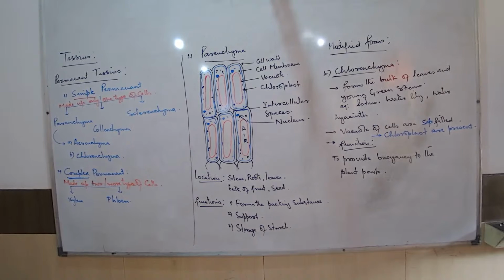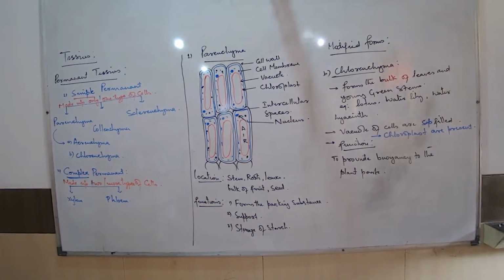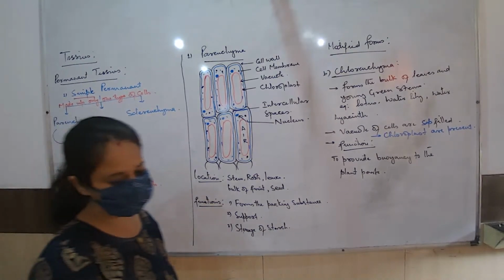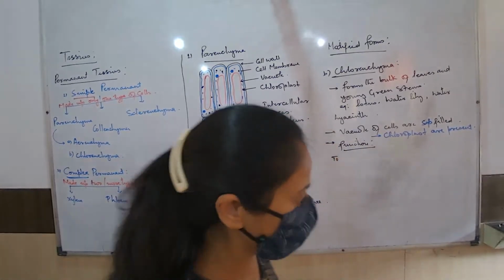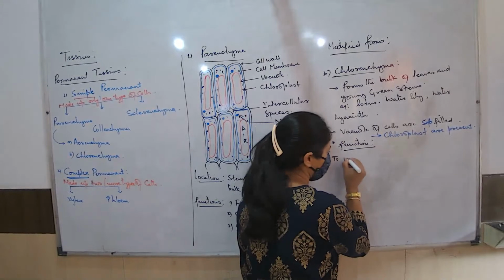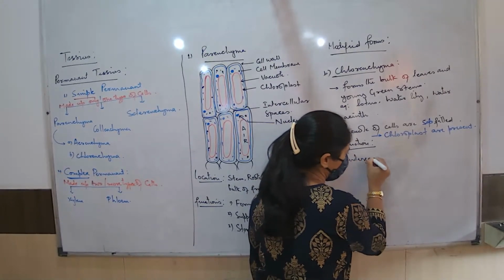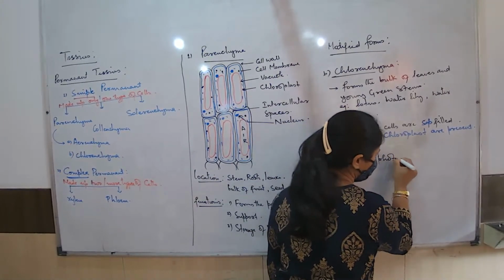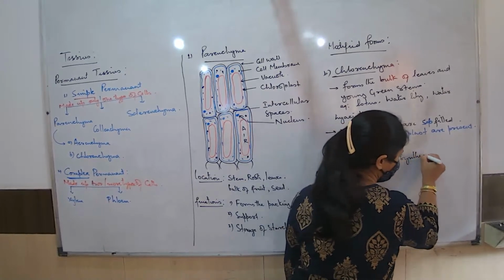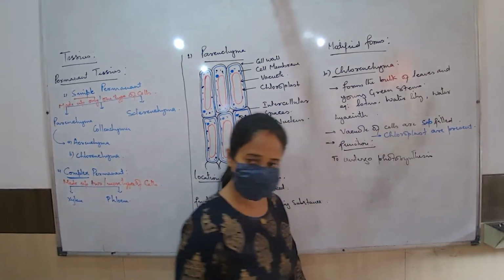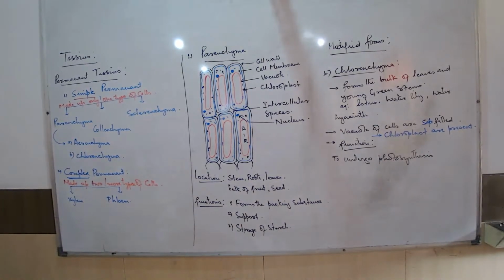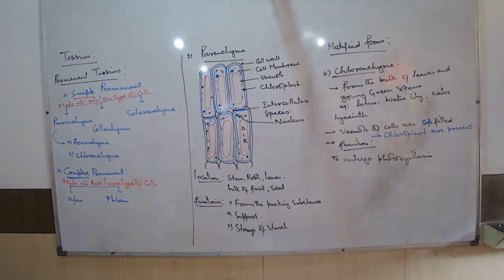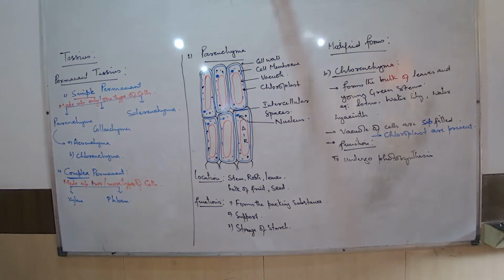So if the cell is having chloroplast, then what should be the major function? The major function that it should perform is to undergo the process of photosynthesis. So photosynthesis would be the main function. And if the stem is also in green color, that stem also performs photosynthesis.